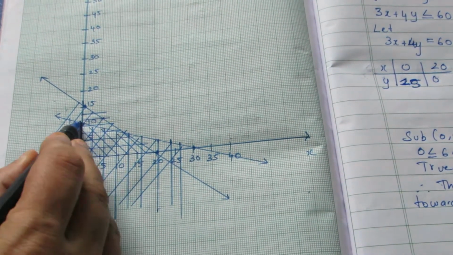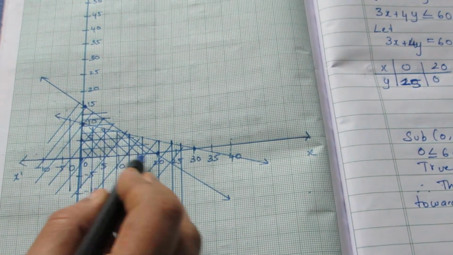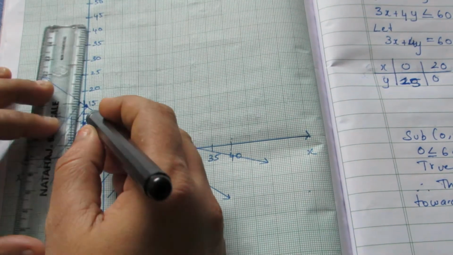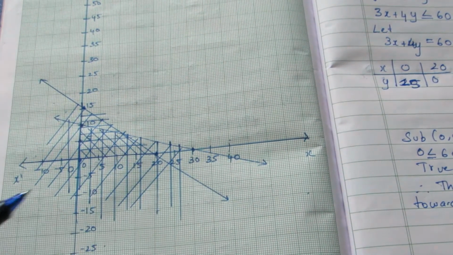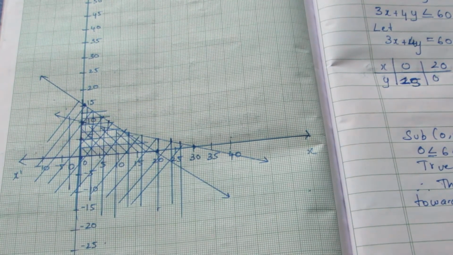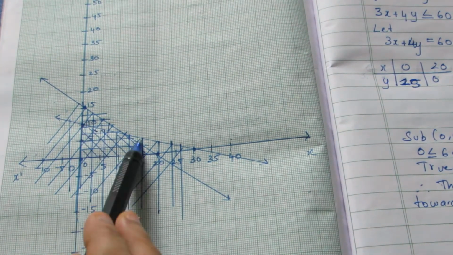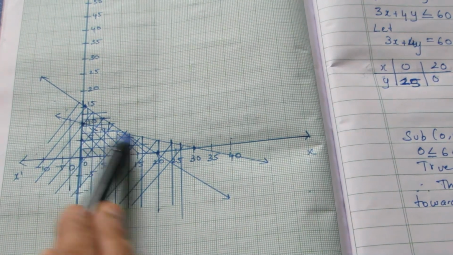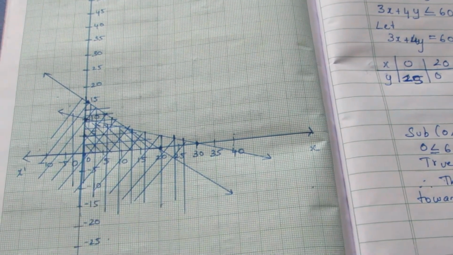So this is the part where everything intersects. So the common shaded region will be here. This is the solution of the given inequalities.